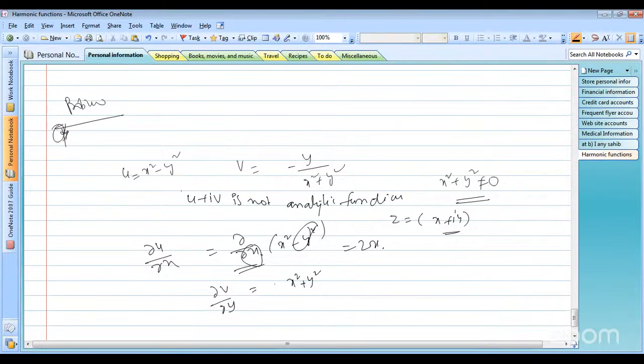So therefore you divide: u into d by dx of v minus v into d by dx of u, by v square. So we are simplifying here. So therefore x square plus y square, and again the constant here. Therefore we are writing here directly, u into d by dx of v minus v into d by dx of u by v square.